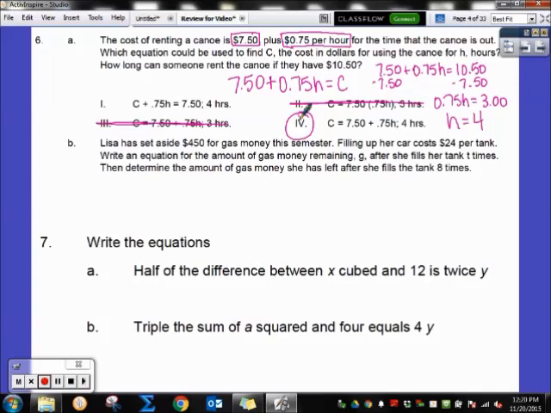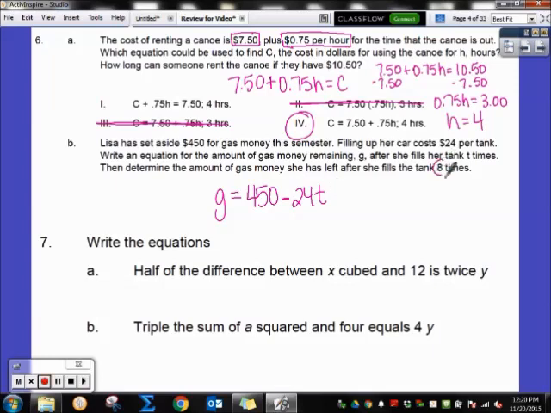So in this case, the amount of money she has remaining, they told us to call that G, is going to equal, well, we know she starts out with $450, but then we're going to subtract $24 for every time she fills up her tank. So that's our equation.